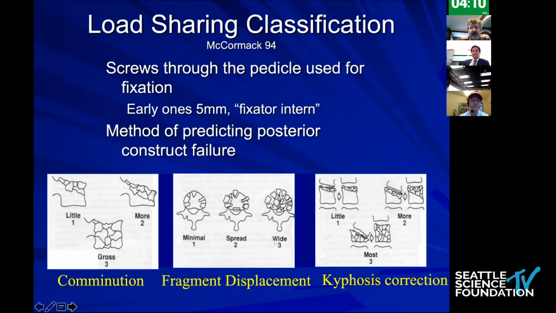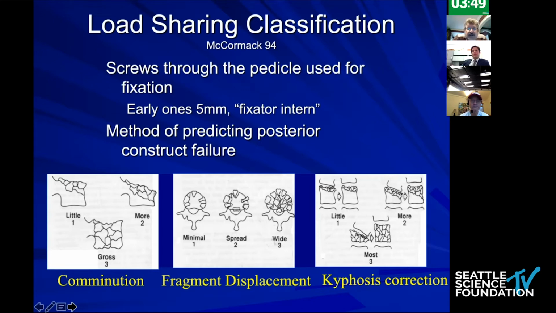In addition, other classifications came into being, such as what's often called the Gaines classification or load sharing. And really the idea here was around this time frame, we began using pedicle screws to fix fractures, particularly the fixateur interne, which was a 5mm screw.